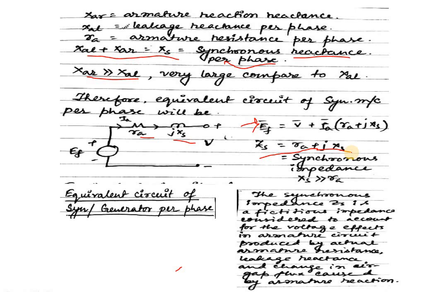The synchronous impedance ZS is basically a fictitious impedance considered to account for voltage effects in the armature circuit produced by actual armature resistance, leakage reactance and change in air gap flux caused by armature reaction.